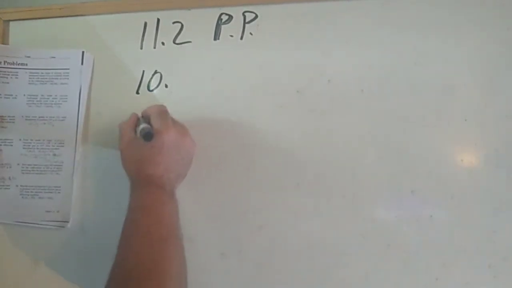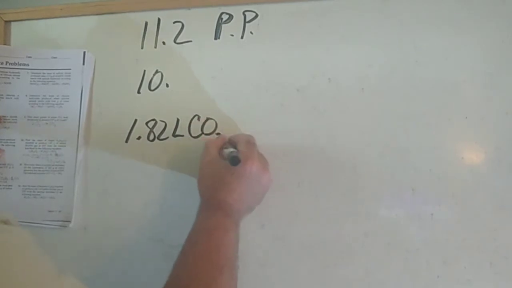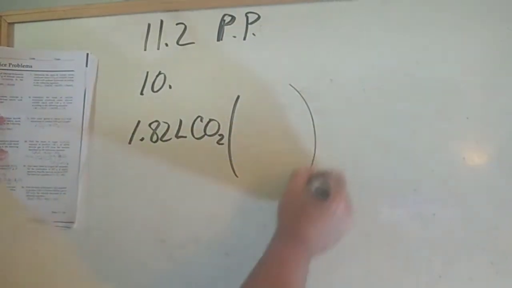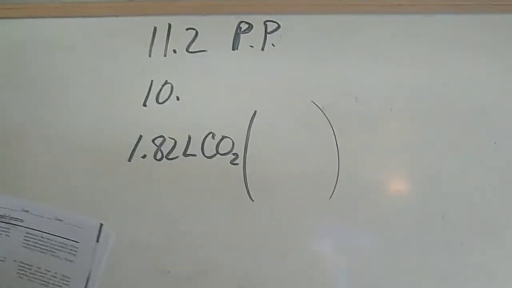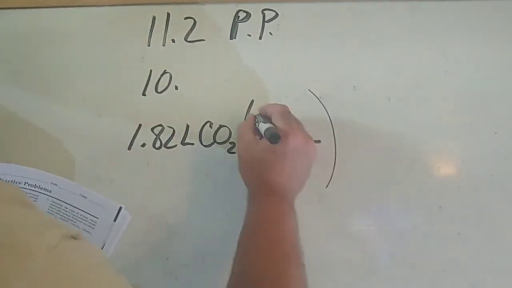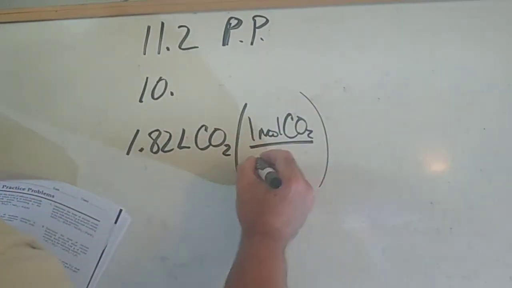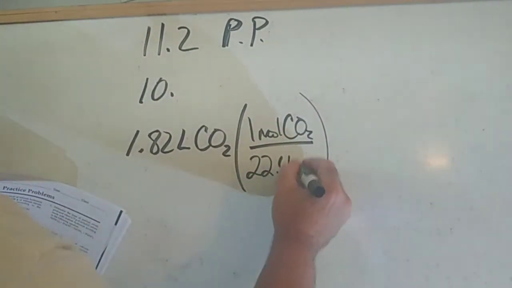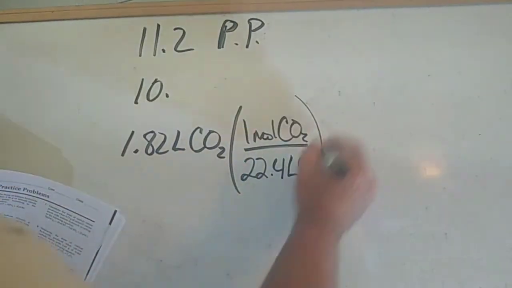It says we have 1.82 liters of carbon dioxide. Okay, so we know we're going to have to convert that. So we got to take liters of carbon dioxide and turn that into moles of carbon dioxide. And we know that the standard for this is 22.4 liters for every 1 mole.